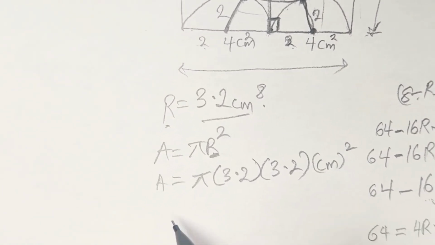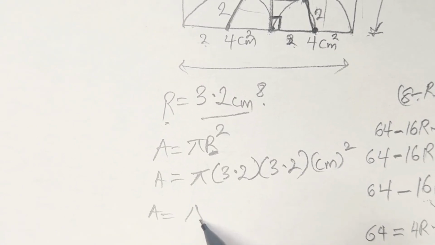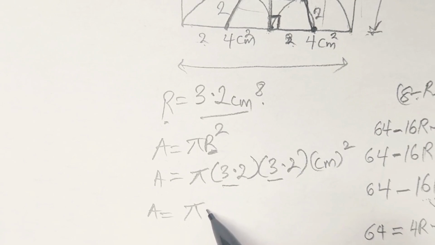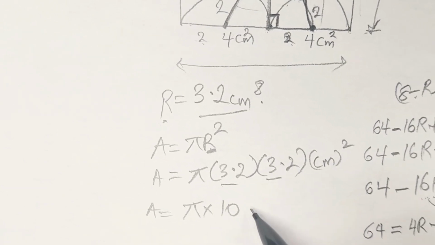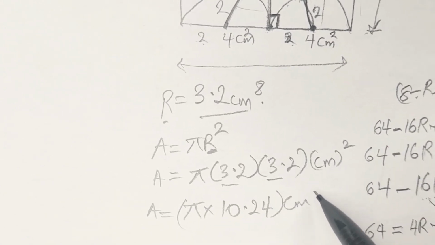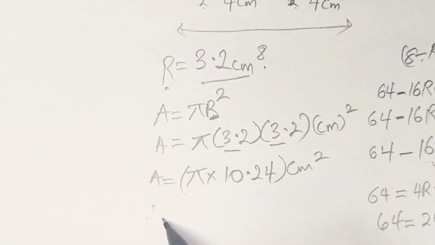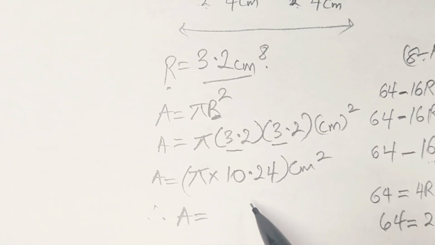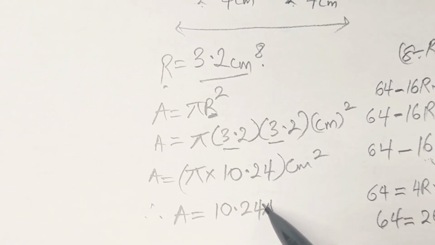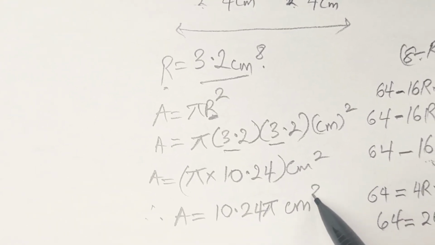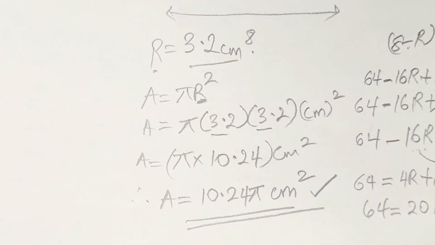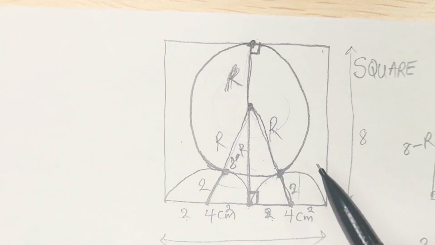The area is equal to pi times 3.2 times 3.2, which will give us 10.24 cm squared. So therefore the area is 10.24 pi centimeter squared. And that is the area of our big circle.